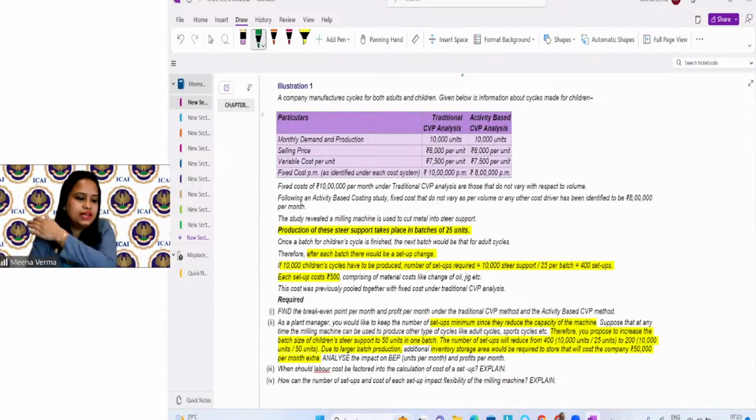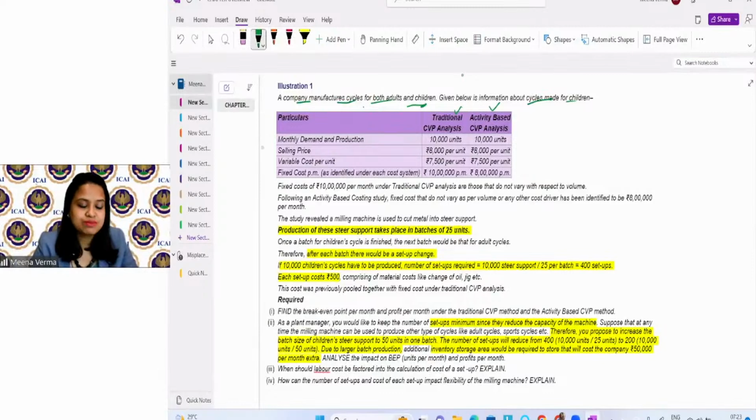Okay, so let's discuss this question. A company manufactures cycles for both adults and children. Given below is the information about the cycles made for children. Traditional CVP analysis, activity-based CVP analysis.